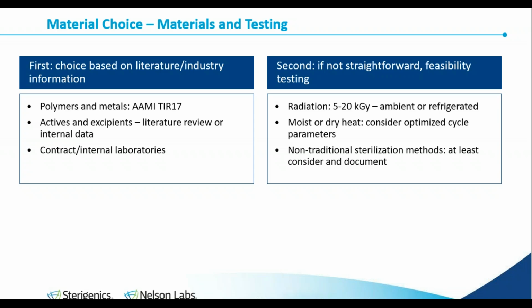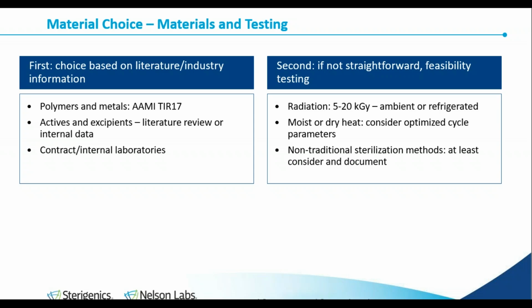Although 25 historically has been a very common minimum sterilization dose, there are a number of efforts going on in the industry, and I'll talk about a couple of these today, that are helping to provide other options for much lower doses. So that's why I say here, somewhere between 5 and 20 kilograys, to get an idea, at what point are you starting to see degradation of material?